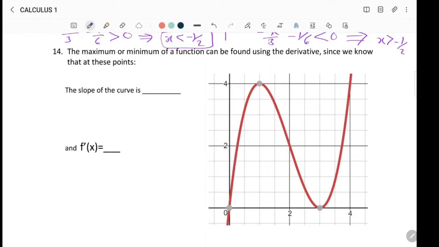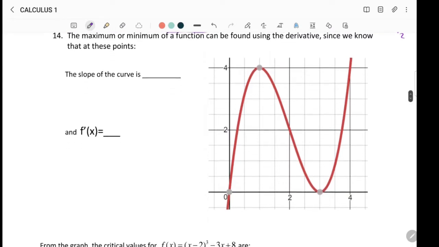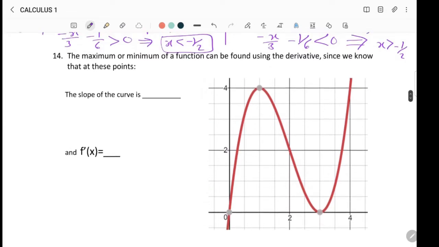If they are talking about this point, then since the tangent is parallel to the x-axis, the gradient is 0 here as well as here. But here the gradient will not be 0. Here the gradient will be something else. I'm considering, guys, this point and this point.